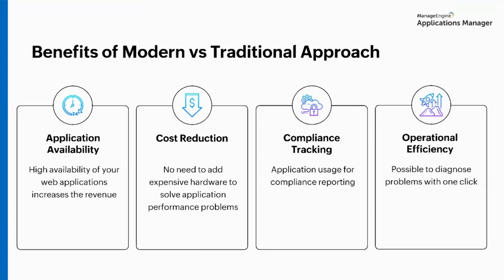Let us see some of the benefits of modern versus traditional approach in building an application. First one is the application availability. So we are aware that there is a dependency on the application in our day-to-day life.